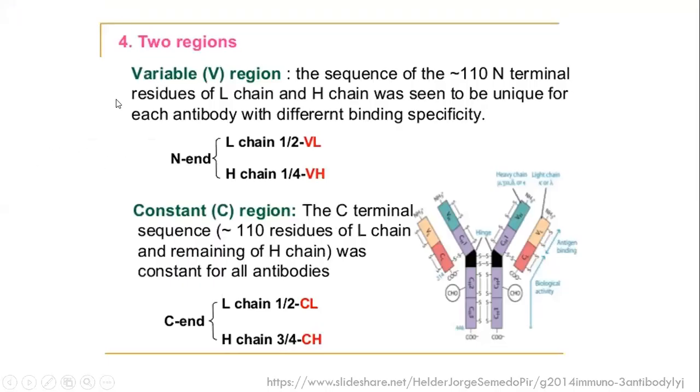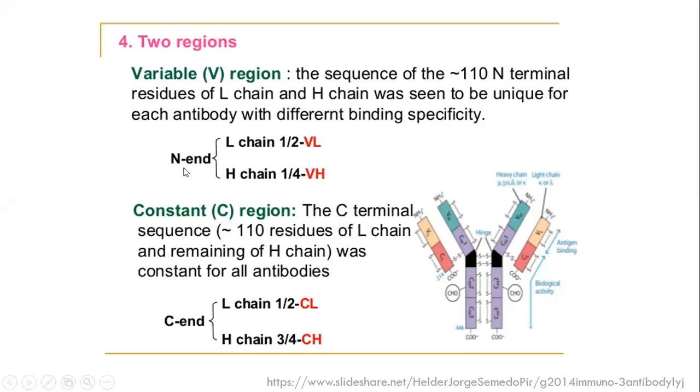Coming to the variable region and constant region, C and V, you just look at the length. You can again talk in terms of the variable region and constant region in the light chain. In terms of the N end, you see into the molecule here. For example, they are specifically talking about the N end here for the light chain, and for the heavy chain. Basically, they just want to give an overall length of the molecule.